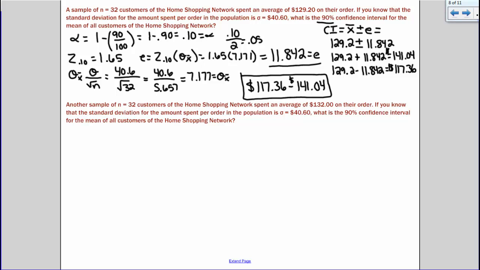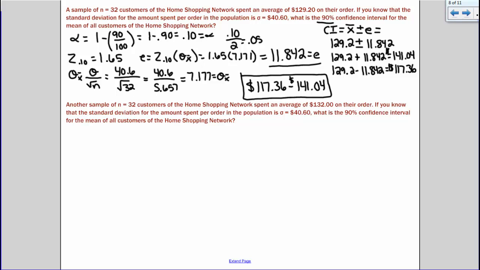So let's say we take a different sample of 32 customers from the home shopping network, and they spent an average of $132 on their order, and we want to know the 90% confidence interval for this sample. With different samples, you're going to have different confidence intervals.